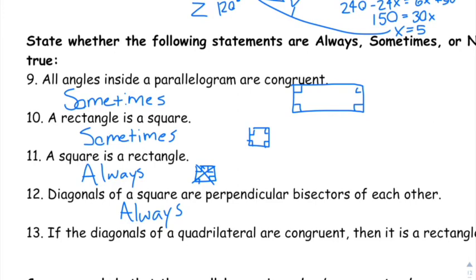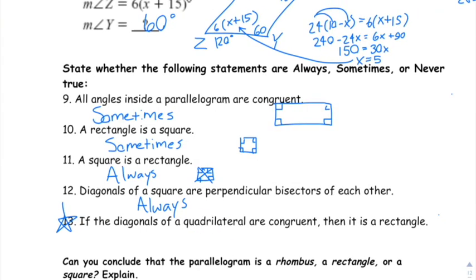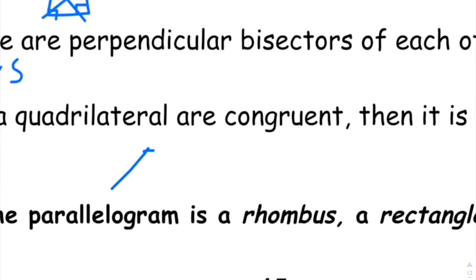The diagonals, this one's kind of a tricky one here. If the diagonals of a quadrilateral are congruent, then it is a rectangle. A lot of people want to say always because they can't really think of any other four-sided figure where it could happen. There's actually a specific case. We're going to get into it quite a bit in the next day.